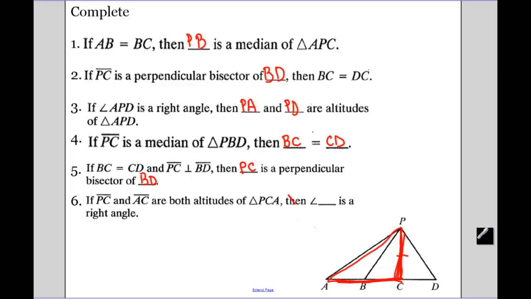So those are altitudes. That's my right angle. So angle ACP is a right angle because the altitudes are going to intersect at a right angle. And those happen to be the legs of our triangle.